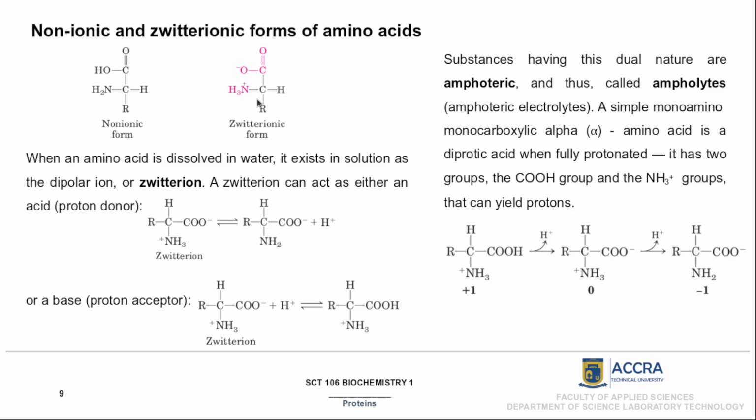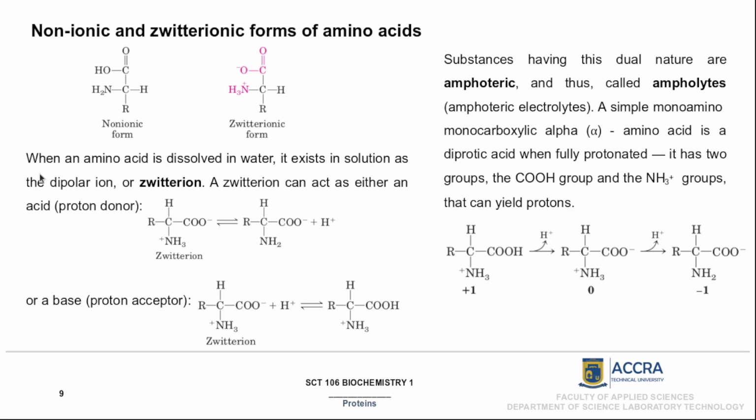When an amino acid is dissolved in water, it exists in solution as the dipolar ion or zwitterion, coming from German. Zwitterion is a German word meaning hybrid ion. A zwitterion can act as either an acid, or a proton donor, or a base, which is a proton acceptor.